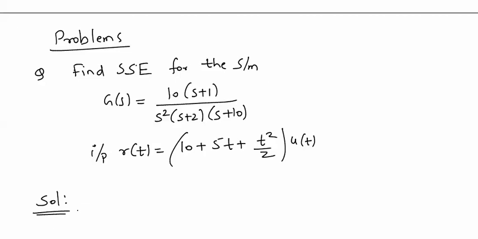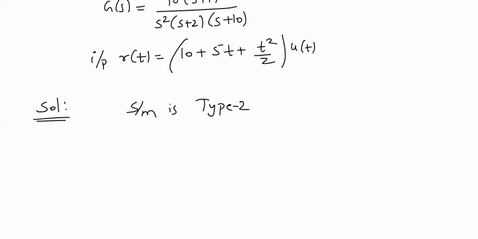Now here what we have, the system is type 2. And we have all the three types of input here. We have unit step here, we have ramp here, as well as parabolic input here. So we know that for parabolic input, the steady state error will be constant.